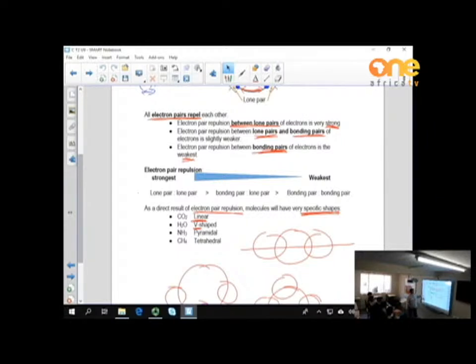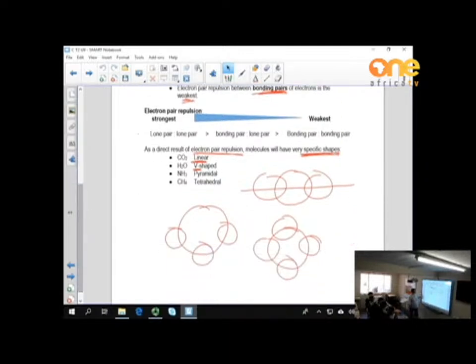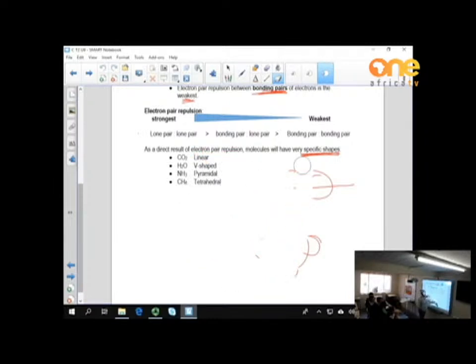We then said that lone pair repulsion is the strongest, bonding pair is the weakest. And we found that molecules can be pushed into specific shapes. Carbon dioxide forms a straight line. We say that molecule is linear. Most of the covalent compounds that consist of two atoms will be linear.